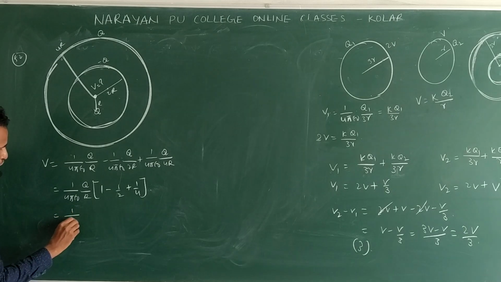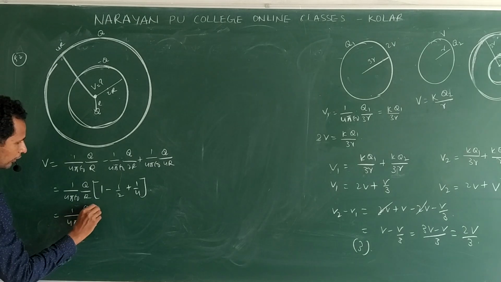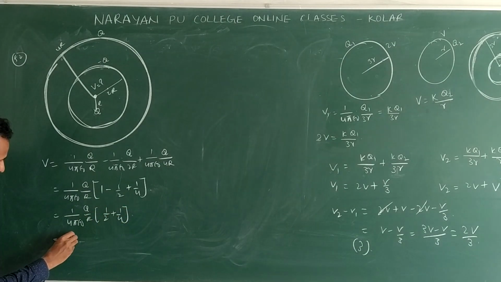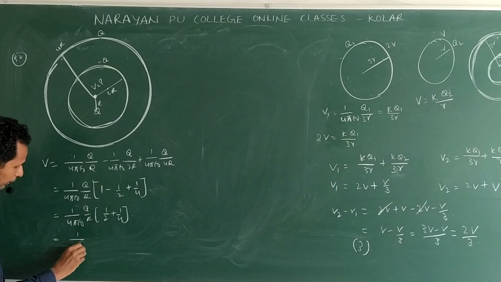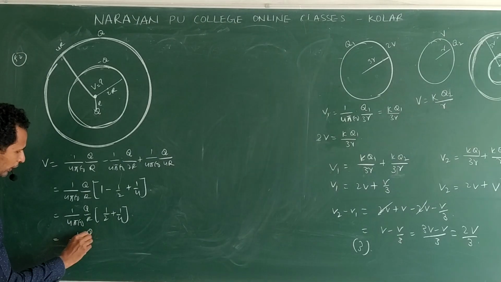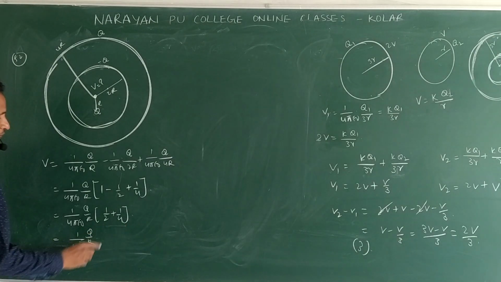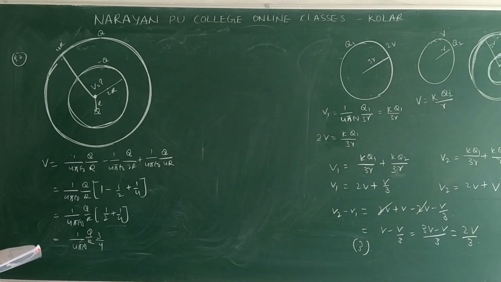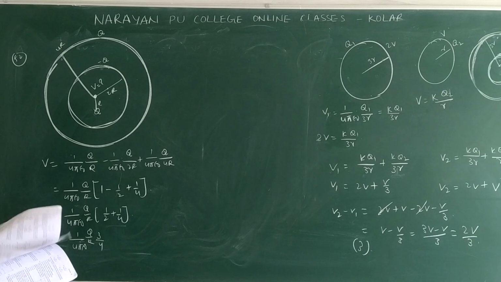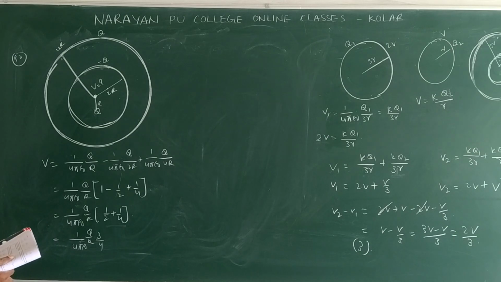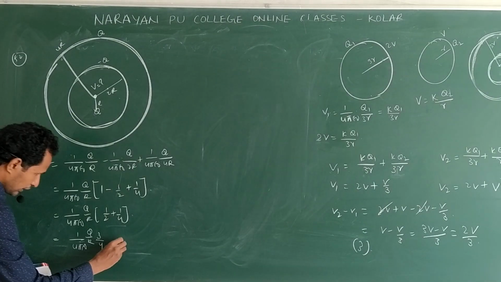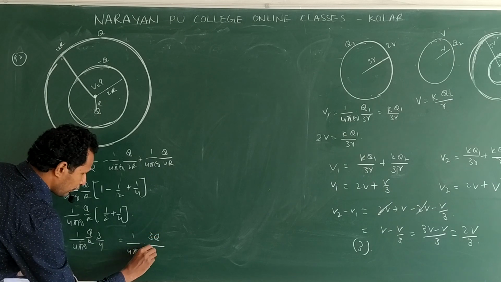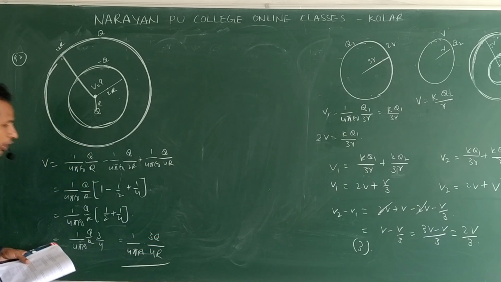Now this is 1 by 4 pi epsilon naught Q by r times 1 by 2 plus 1 by 4. 4 is the LCM, then 2 plus 1, this is 3 by 4. Now the option is 3. What did they give? 1 by 4 pi epsilon naught 3Q by 4r. Option is 3.